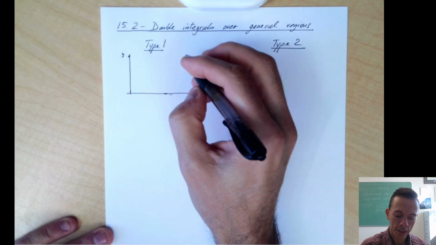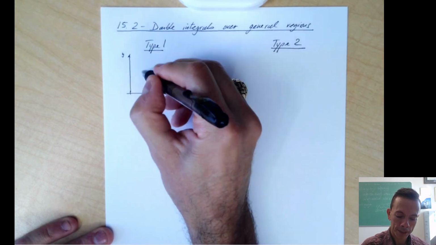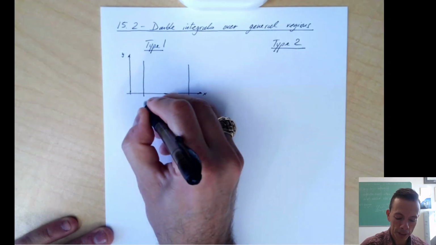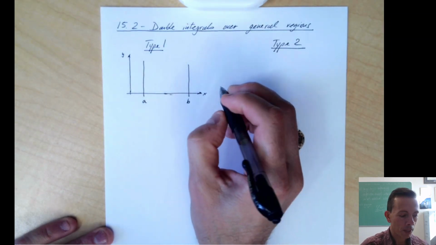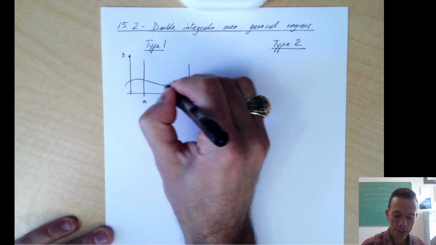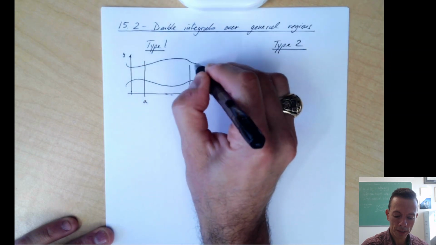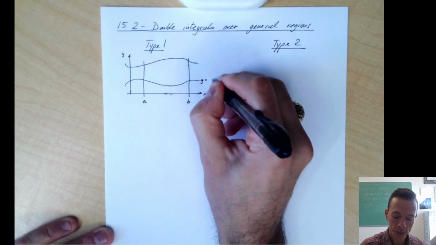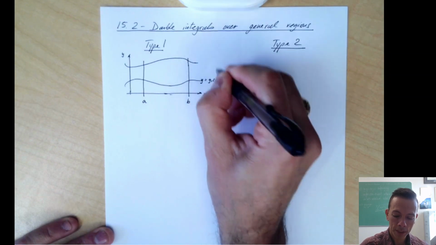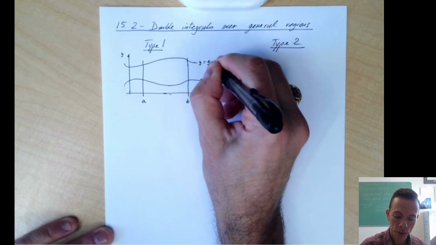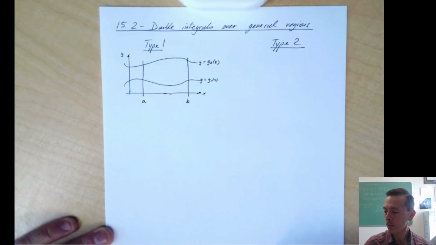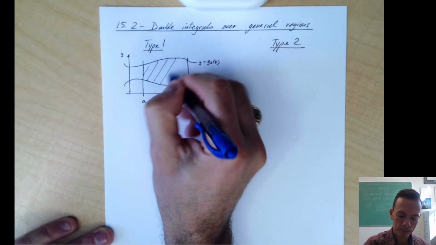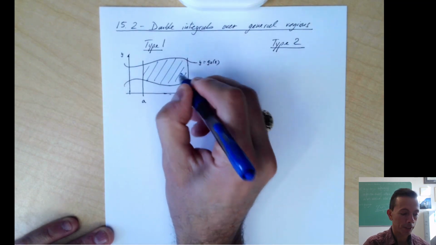is a region that is bounded between two constants in the x direction, a and b, and two arbitrary curves in the other direction. So you can call this curve y equals g1 of x, and this one y equals g2 of x. And so this defines a region D right here.